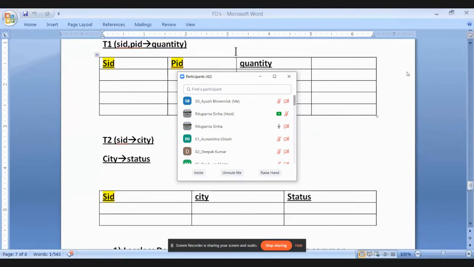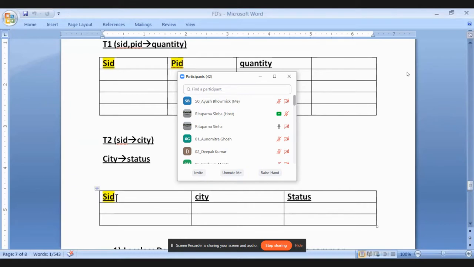Okay, now, Protiti Ganguly said that the decomposition is lossless, and we understood because of the common attribute. Which one is the common attribute? SID is the common attribute, and SID is a candidate key of the T2 relation.